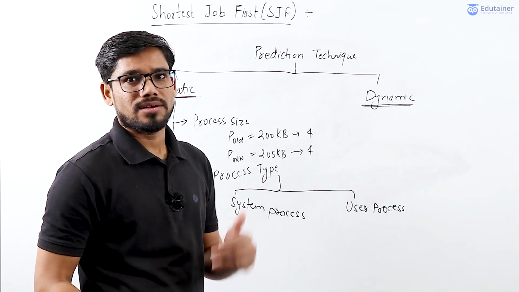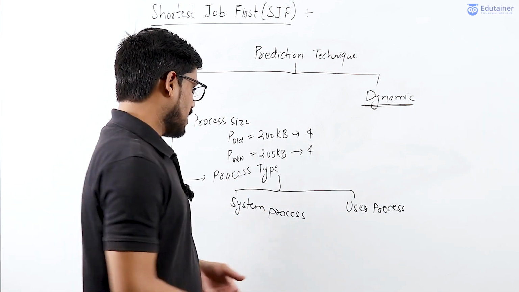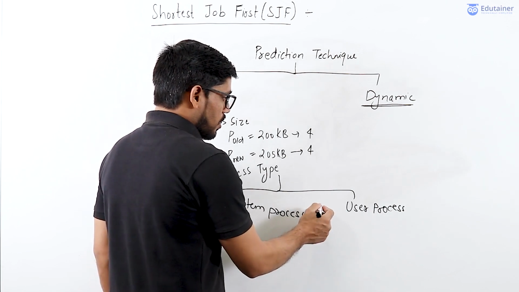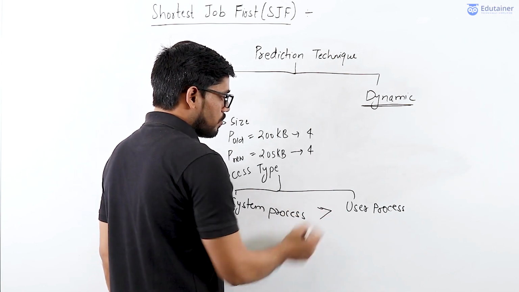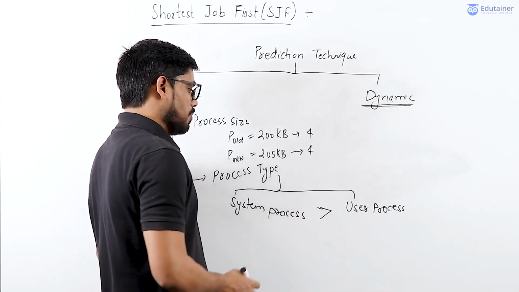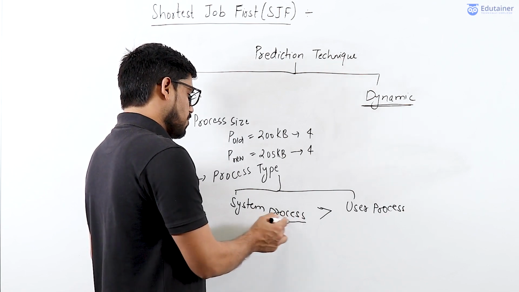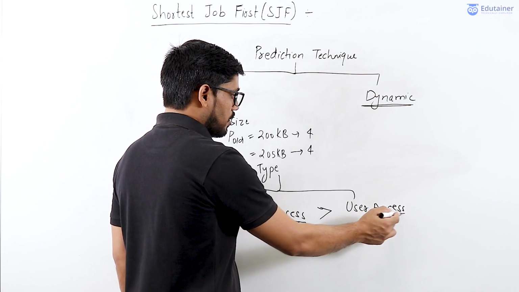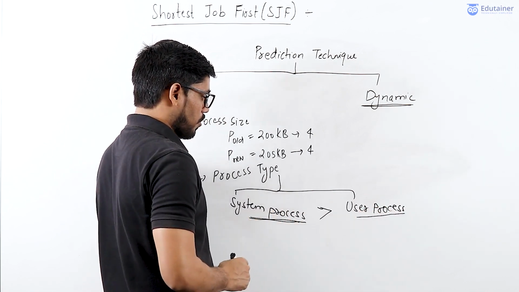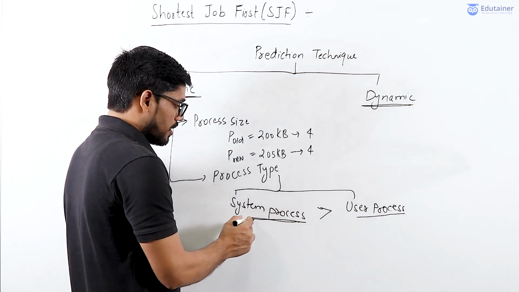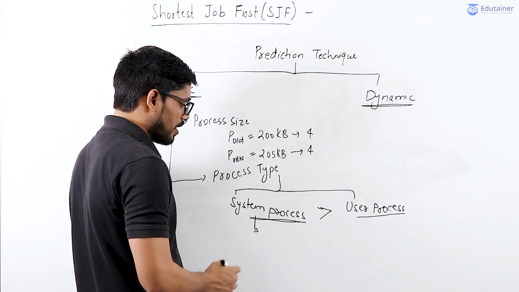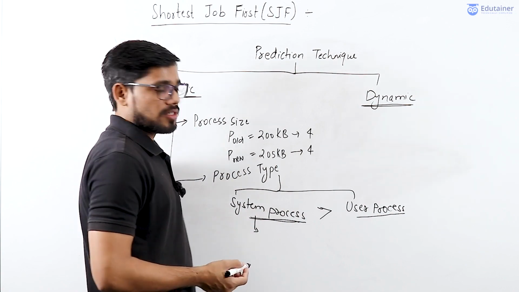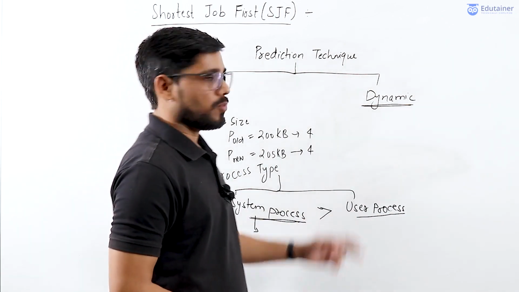All these are system processes, and system processes have a higher priority compared to user processes. It means the system process will be processed first, and after that we will process the user process. So operating system processes generally require less burst time compared to user processes.